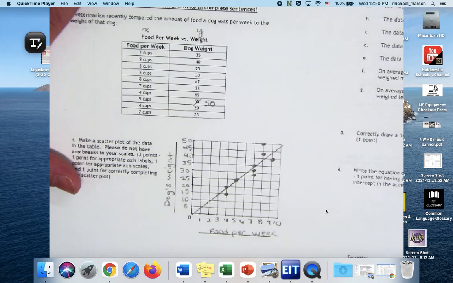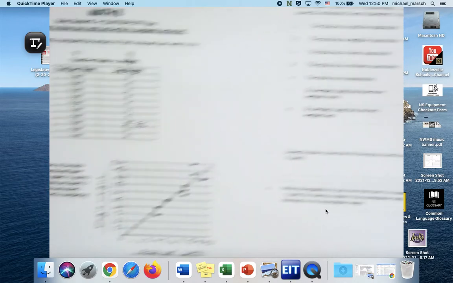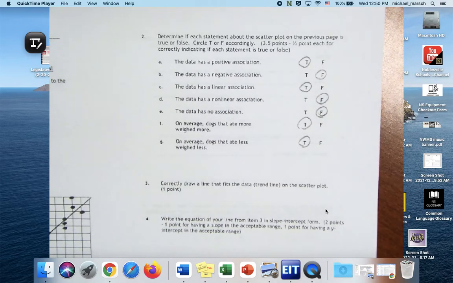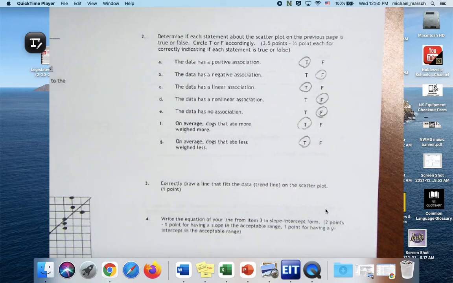True. On average, dogs that ate less weighed less. True. So this is what your true false should look like. So you're going to want to read those questions carefully. Yeah, the last one's real. Yep. Don't assume. We can go ahead and check off number 3 because we already did their trend line.